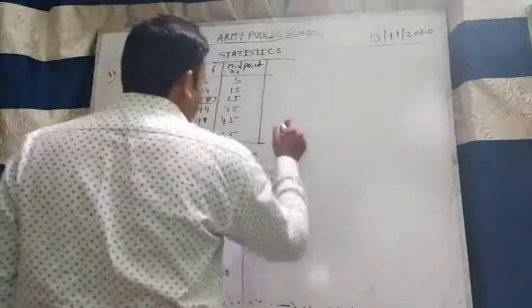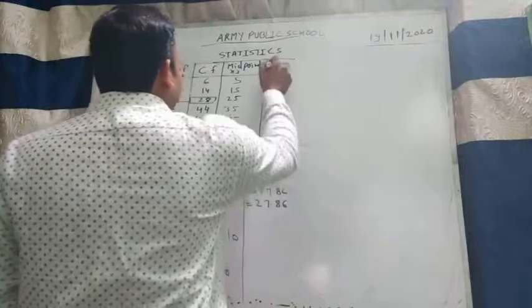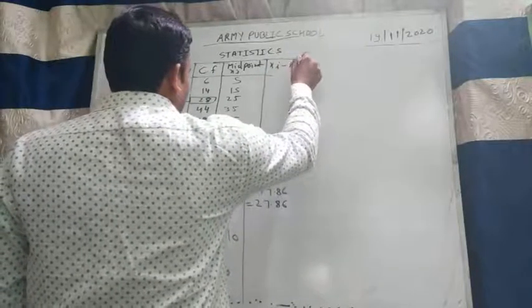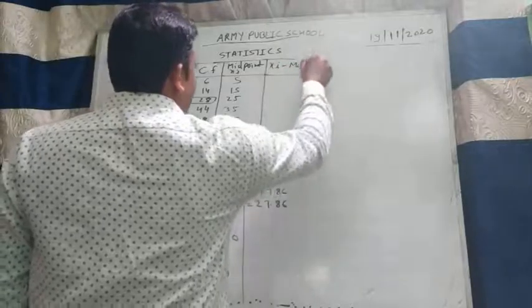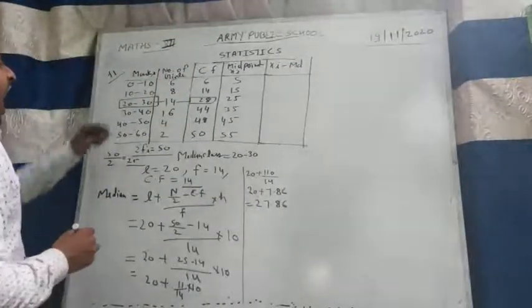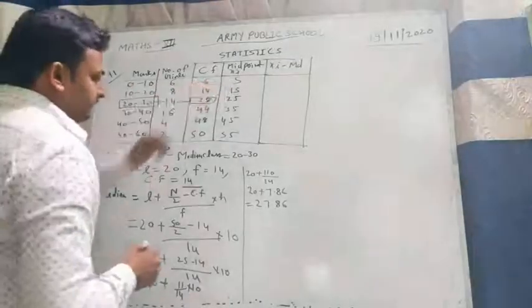Okay, now we will make the next column, modulus of xi minus median. Xi is 5.